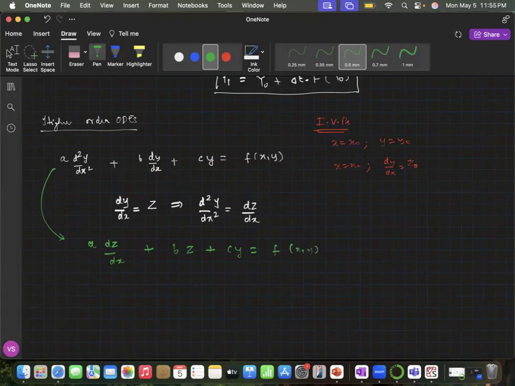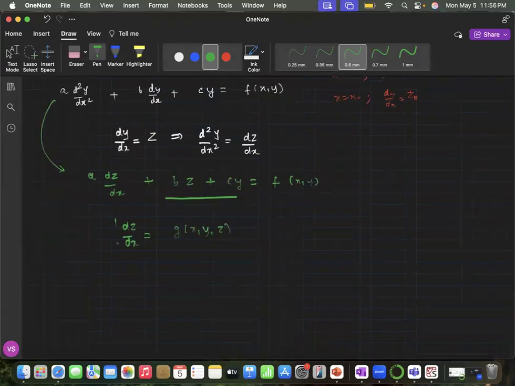And then you can take all of this towards the RHS, divide it by a, and finally get the equation in the form of some function of x, y, and z. That's how you write dz over dx.